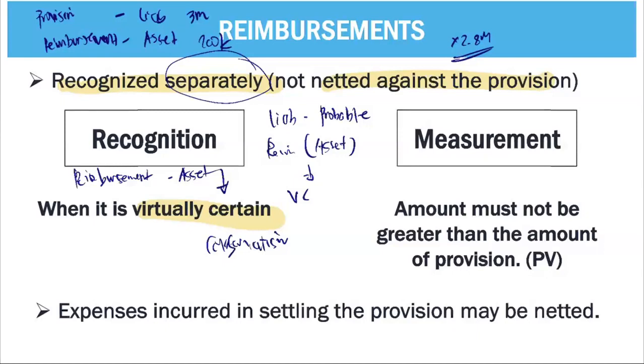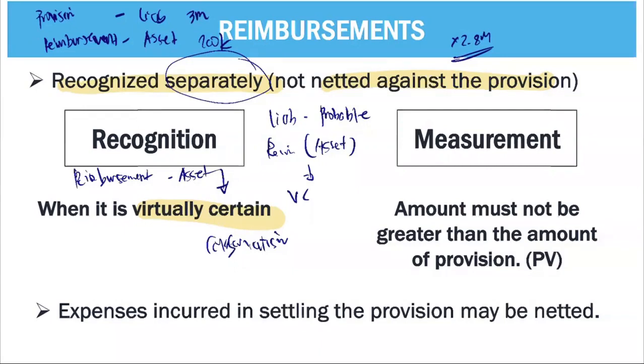Then there is a chance that you will not recognize it. So it is better to understate it, because you will not recognize it based on the virtually certain recognition, while in your probable, you can easily recognize because of the probable recognition. Okay? So the recognition of your reimbursement as an asset is only when it is virtually certain. Take note, you account for it separately.